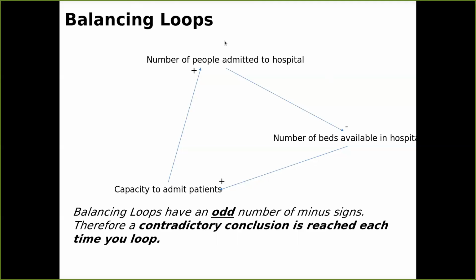So I've reached a contradictory conclusion. I've said the opposite after going around this loop, which means it's balanced itself out, and therefore is a balancing loop. So it's a good little test to talk through your loop out loud to make sure that your loop makes sense in terms of balancing itself.